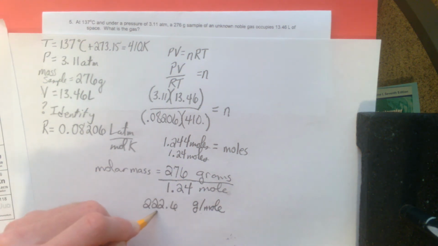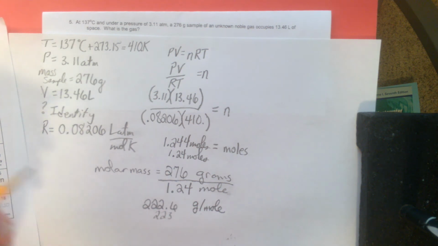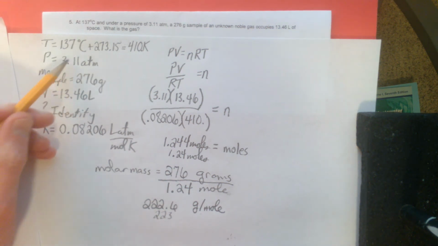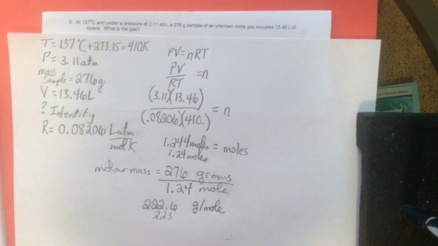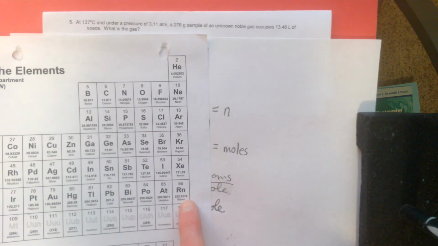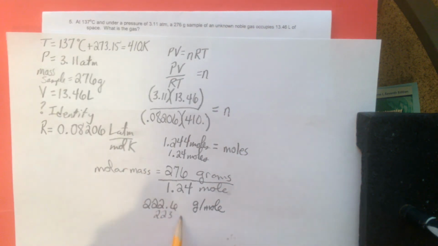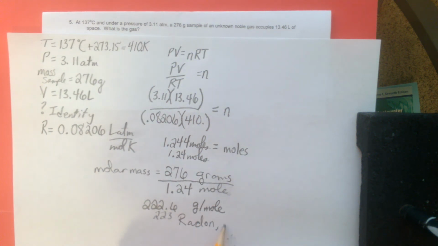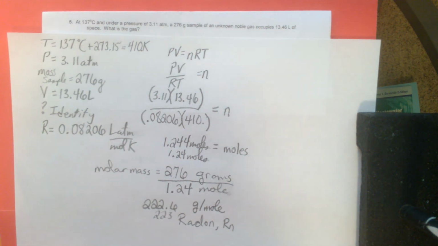But we know it's a noble gas, and so we have just figured out that this unknown gas is radon, which is Rn, element 86, atomic number 86 from the periodic table.